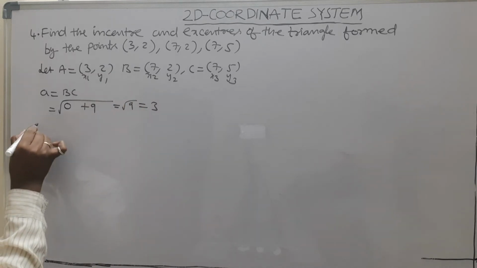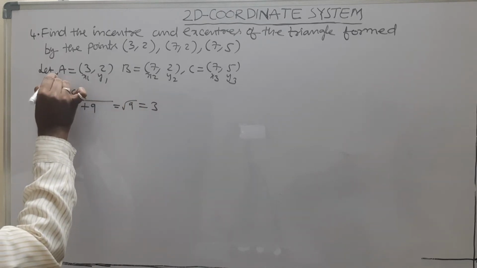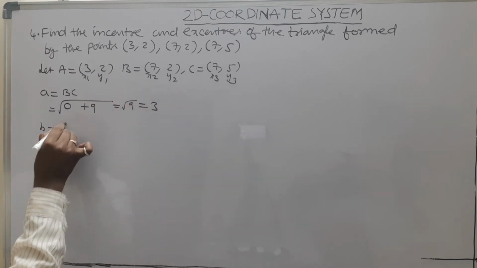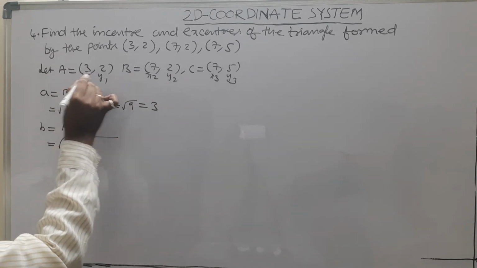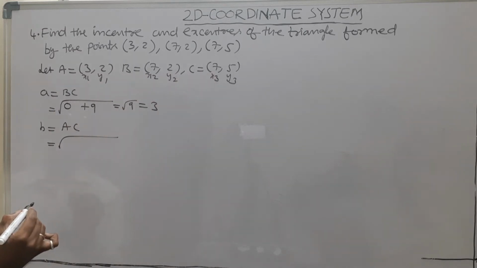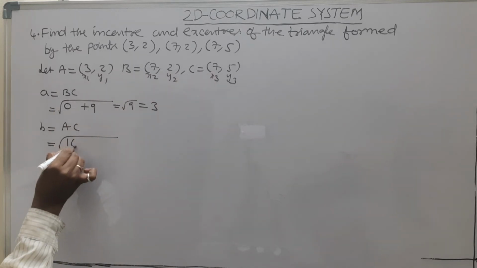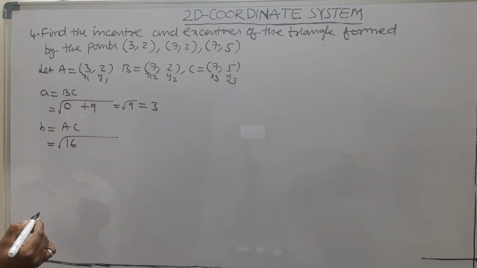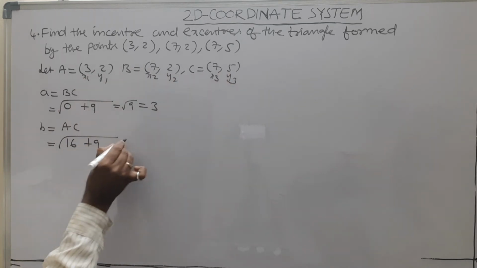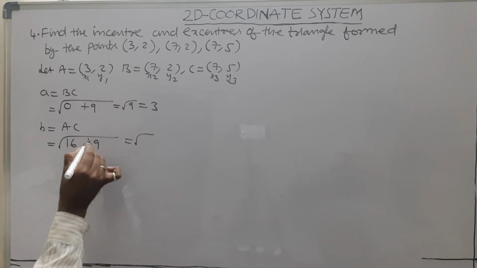Next, to find small b, which is the distance between A and C. Here 3 minus 7 is minus 4, whole square 16. 2 minus 5 is minus 3, whole square 9. Root of 16 plus 9, which is 25.